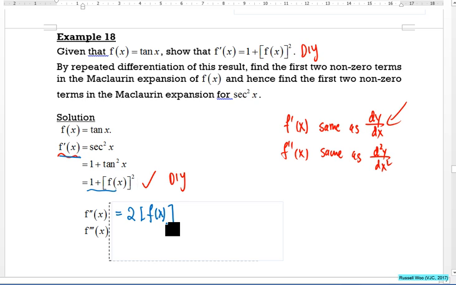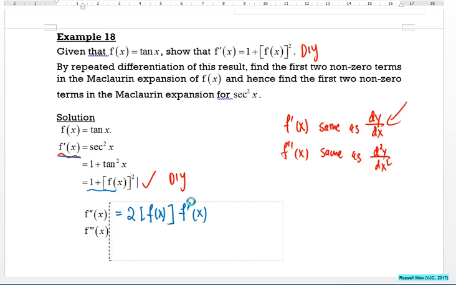And then chain rule tells us you've got to differentiate f(x) once. You're doing tutorial 8 now, right? You should be familiar. Bring the 2 down, 2f(x) times differentiate f(x) once, which is f'(x). All okay?